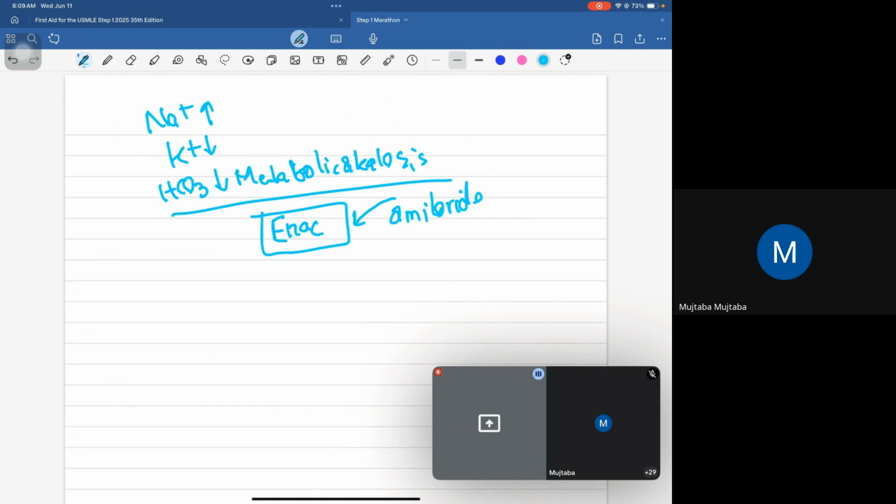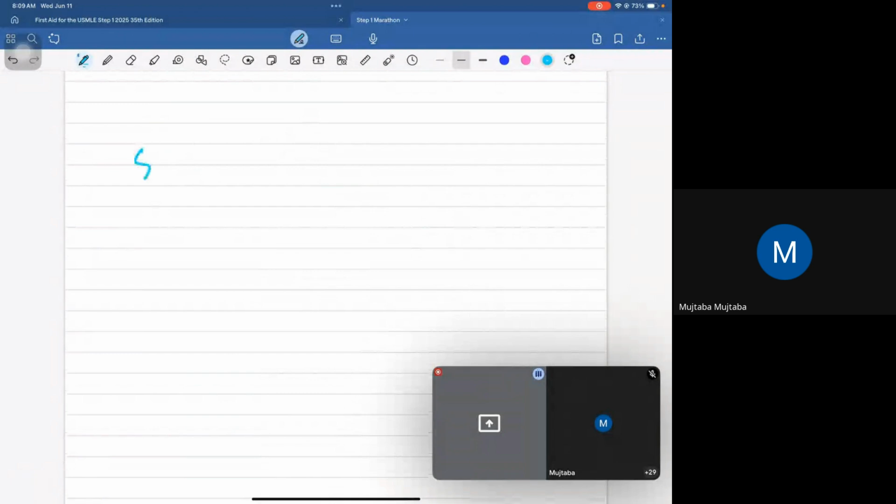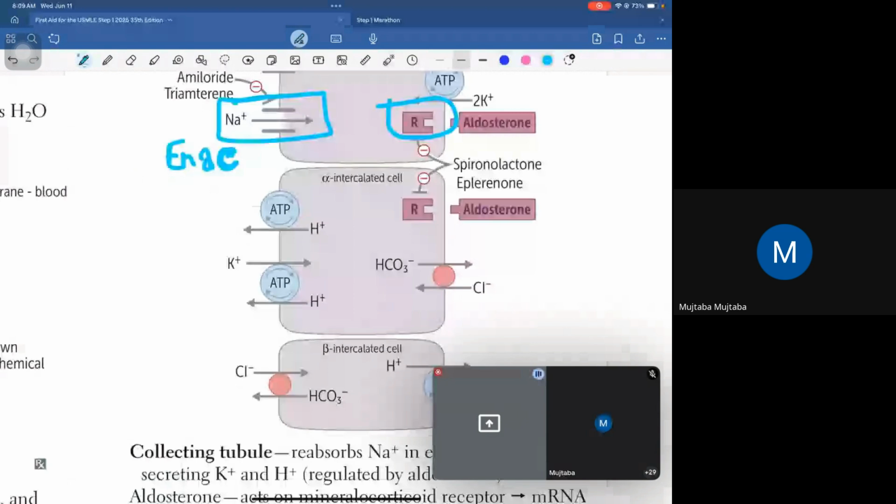And what are the drugs that block the aldosterone receptor? Aldosterone receptors are blocked by two drugs: spironolactone and eplerenone, right? So these are the two.